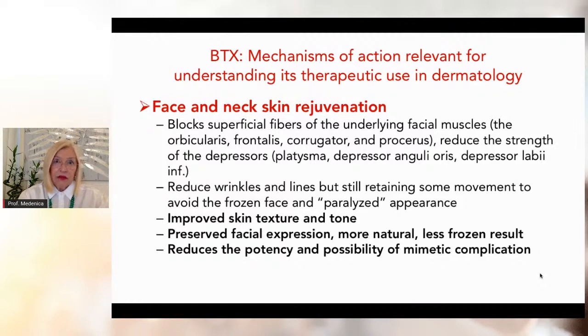This investigation and use started from Wu in 2000, and it is explained in the literature that botulinum toxin blocks superficial fibers of the underlying facial muscles, orbicularis, frontalis, corrugator, and procerus, can reduce the strength of the depressors also, and reduce wrinkles and lines, but still retaining some movement to avoid the frozen face and paralyzed appearance.